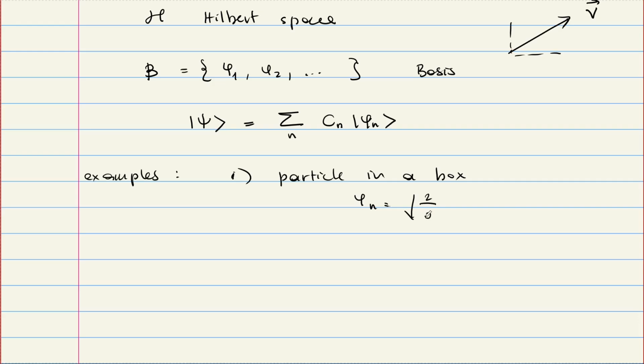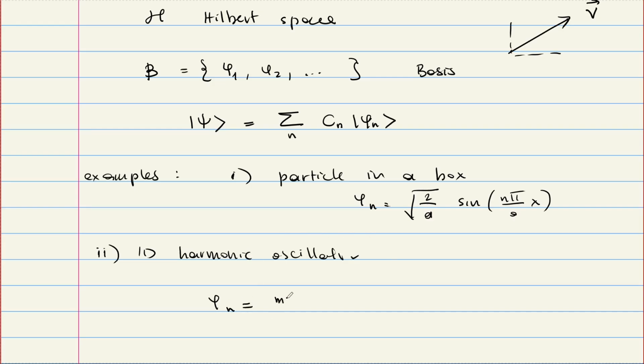I think it's the square root of 2 over a, sine of n pi over a times x. You can think about the 1D harmonic oscillator. Then this phi n becomes these Hermite polynomials.